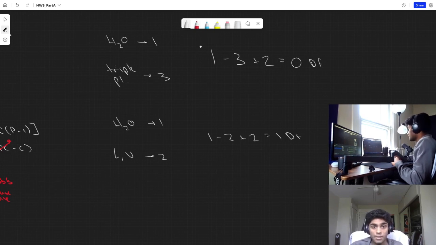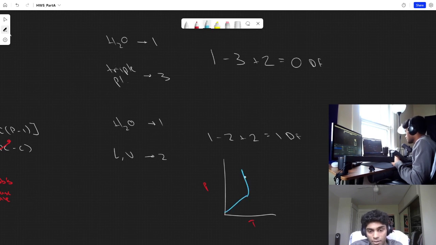That does make sense because if we look at, let's say, our pressure temperature graph, it's going to look something like this. Here's our triple point. At our triple point, we only have one combination of pressure and temperature to get to that point. It is a set, defined point on this pressure temperature graph. This is for water.